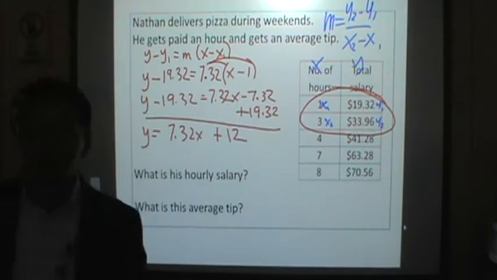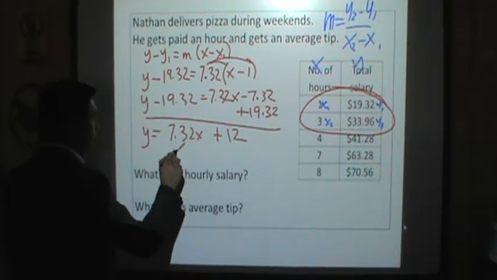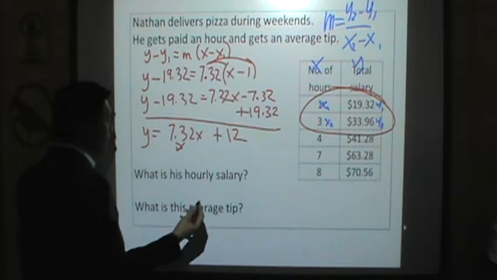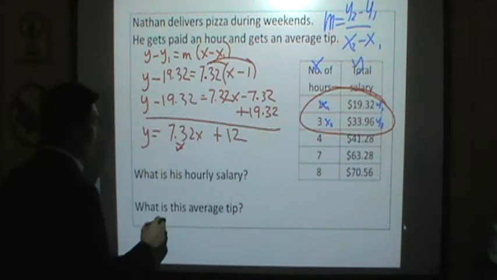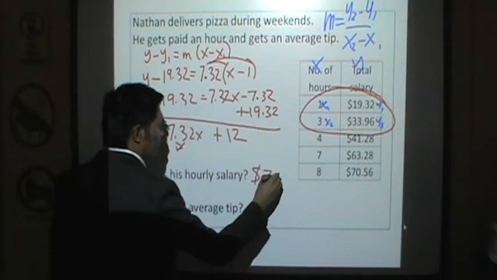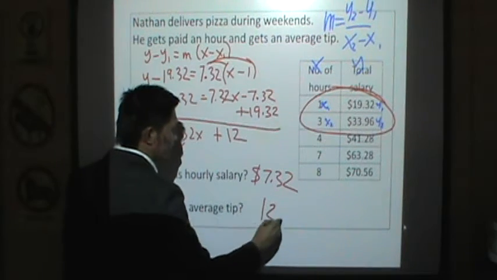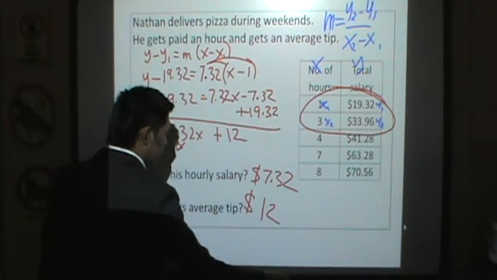Now, having this equation in y equals mx plus b, the slope is going to be the hourly rate. That means the hourly salary of Nathan is $7.32, while the average tip is $12.